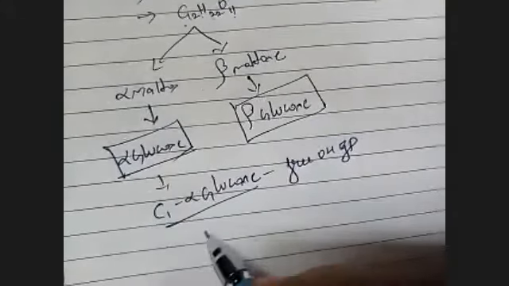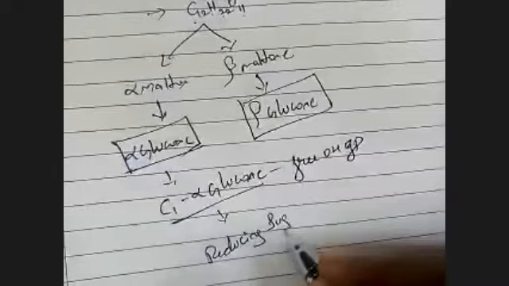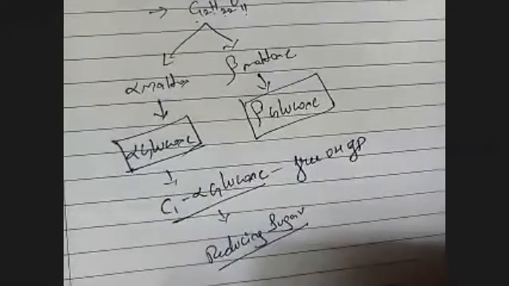Okay, in the first carbon you have a free OH group. That's why this is a reducing sugar. This is called a reducing sugar. This is a very important question.